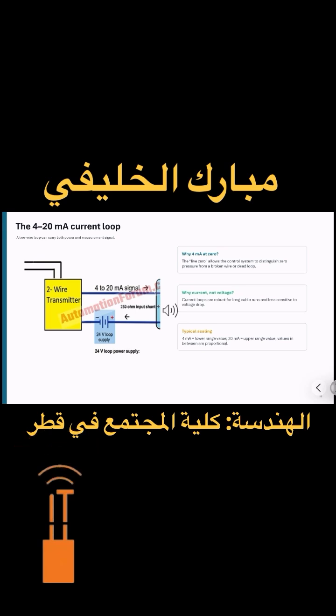This is called live zero. The benefit is that the control system can know the difference between zero pressure and a broken wire. For example, 4 milliamps means the minimum pressure and 20 milliamps means the maximum pressure.